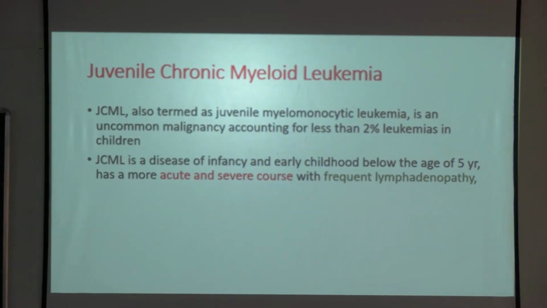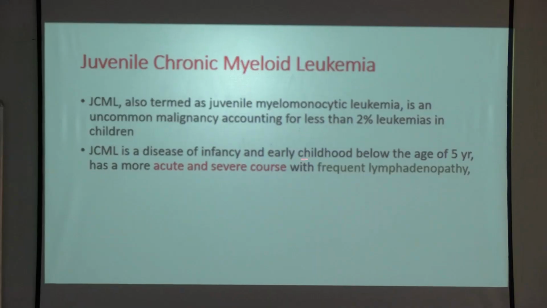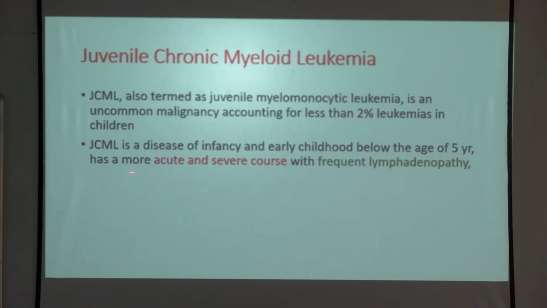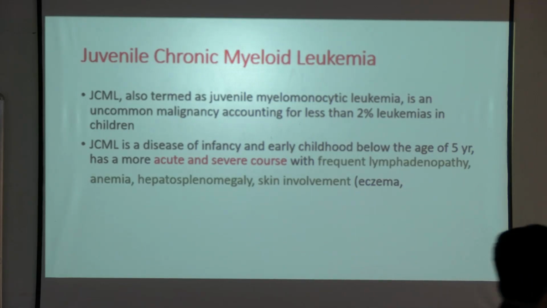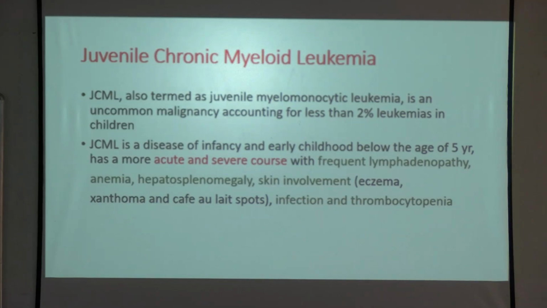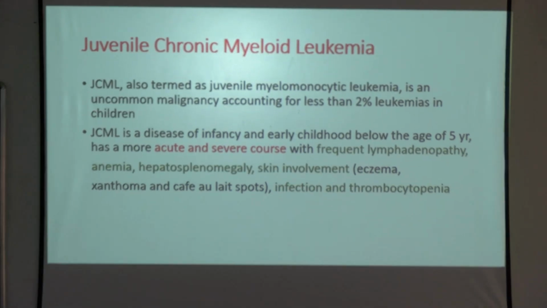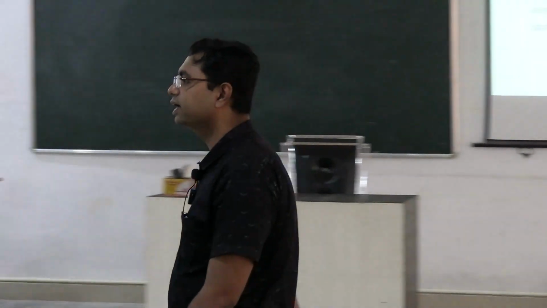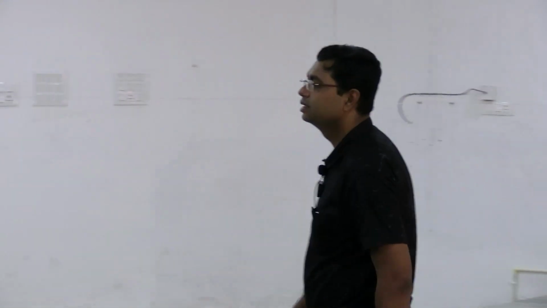In JMML, the disease occurs before 4 to 5 years and has an acute and severe course with features of lymphadenopathy, anemia, skin involvement, hepatosplenomegaly, skin involvement like eczema, xanthoma and cafe-au-lait spots, with infection and recurrent infection and thrombocytopenia. Okay, what do you mean by cafe-au-lait spot? Can you tell?